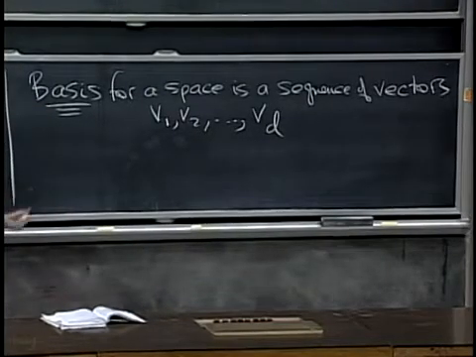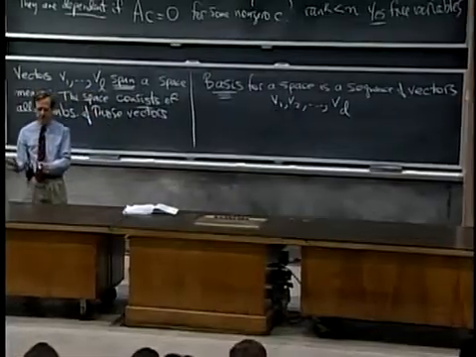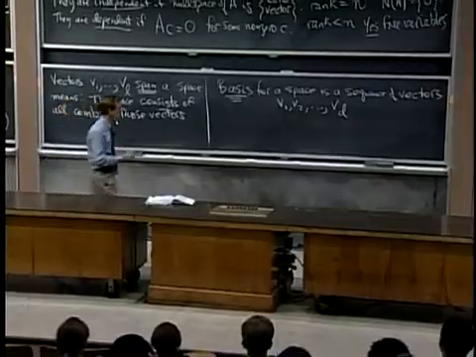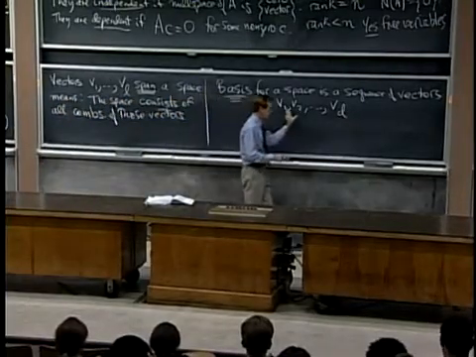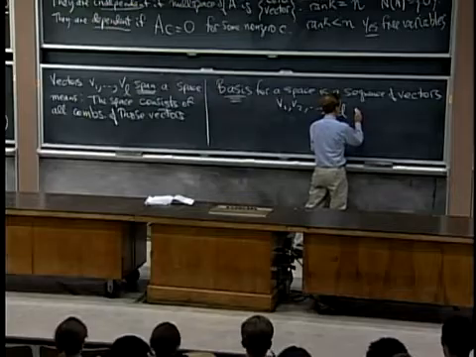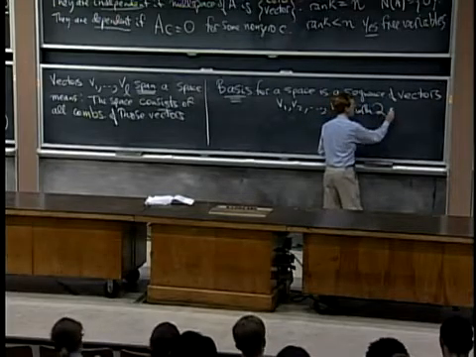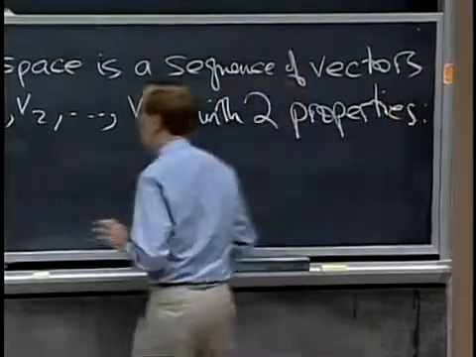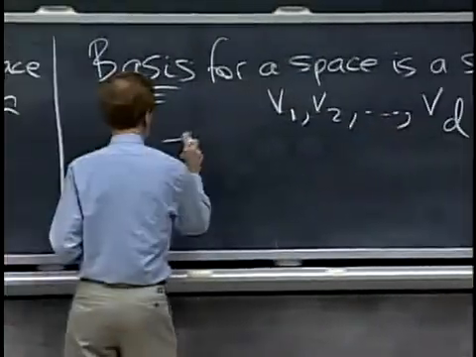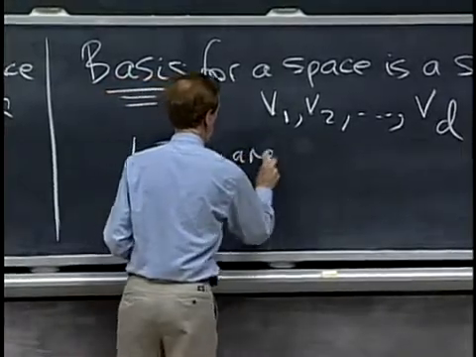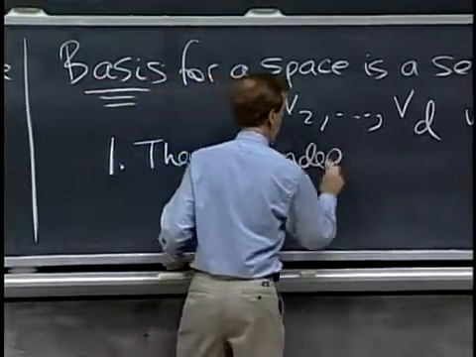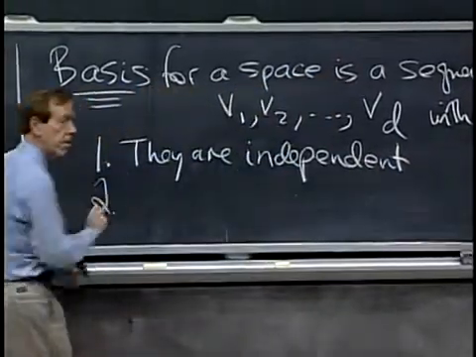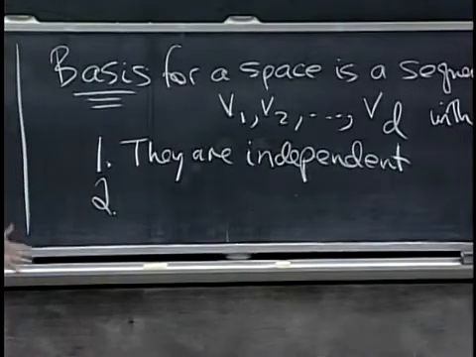I've got enough vectors and not too many. It's a natural idea of a basis. So a basis is a bunch of vectors in the space, and it's a sequence of vectors with two properties. One, they are independent. And two, you know what's coming? They span the space.